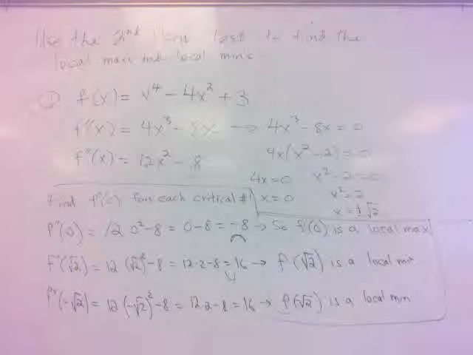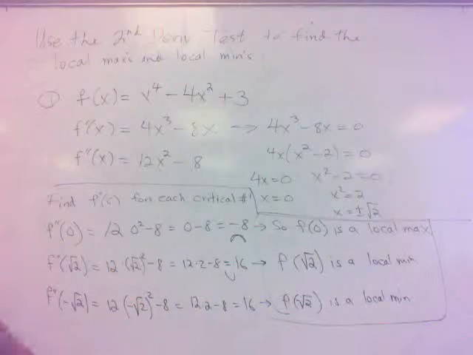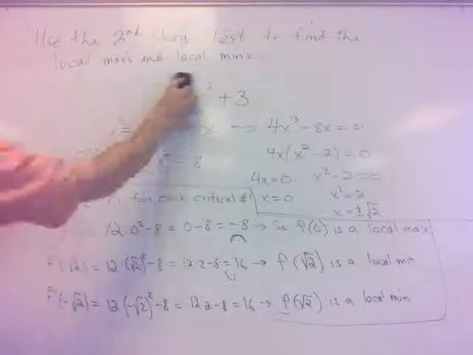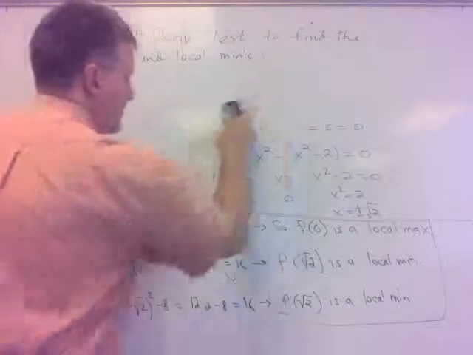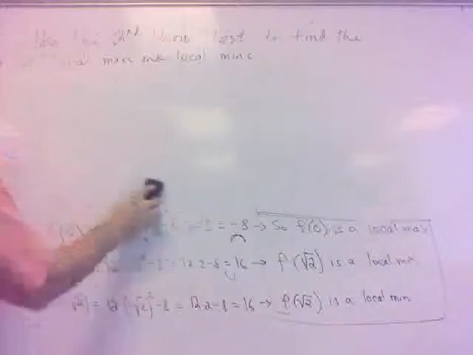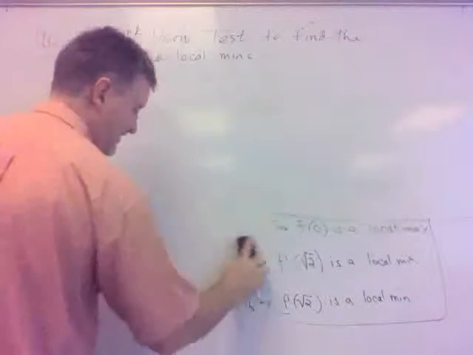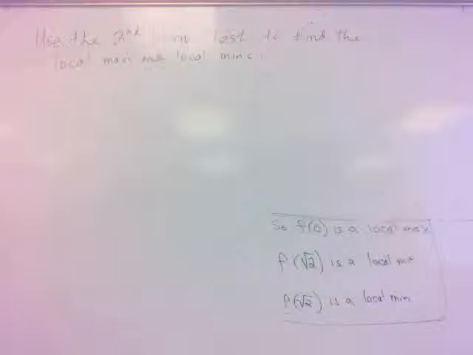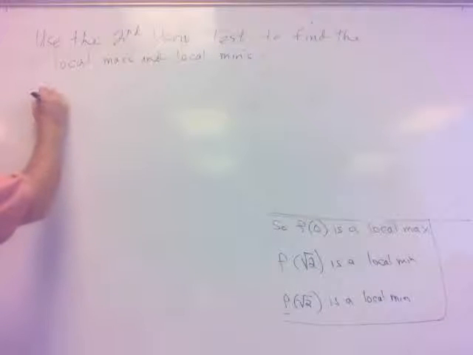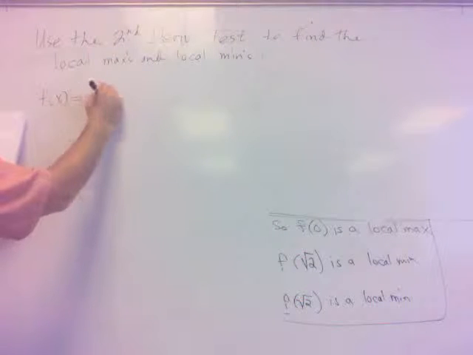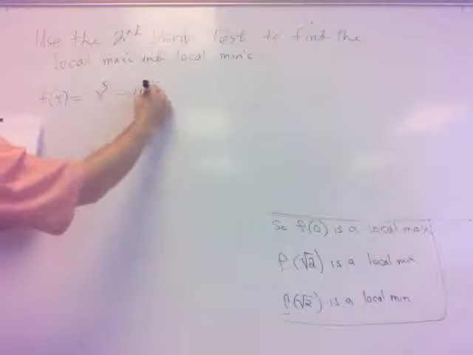Let's do one more. Second derivative test. All right, so same idea. Use the second derivative test, if possible. Hint, hint, hint here. How about f of x equals x to the 5th minus 4x to the 4th?